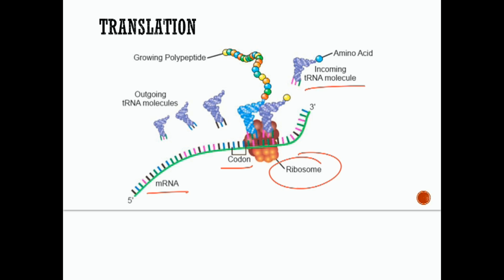Step 2, transfer RNA molecules carrying these amino acids approach the ribosome, and it goes from the 5 to 3 direction. The tRNA molecule, step 3, whose anticodon corresponds to the first codon on the mRNA strand, quickly attaches.